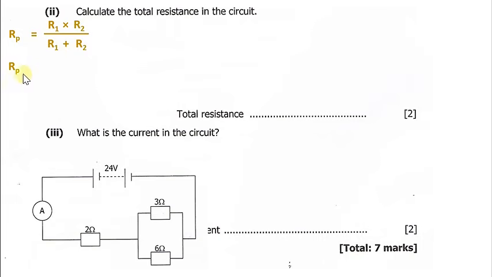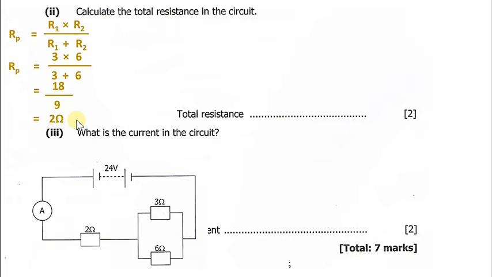Substituting, R_P equals 3 times 6 over 3 plus 6. That is 18 over 9, which equals 2 ohms.